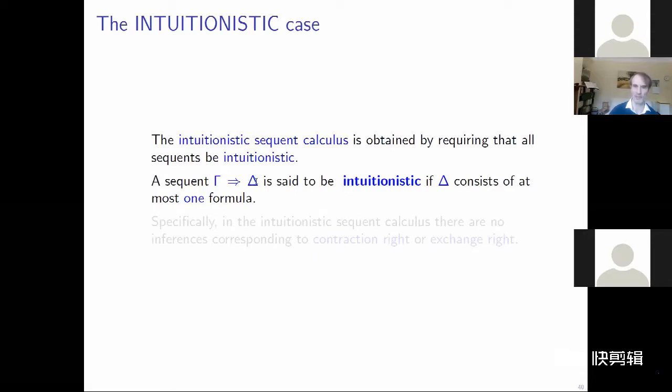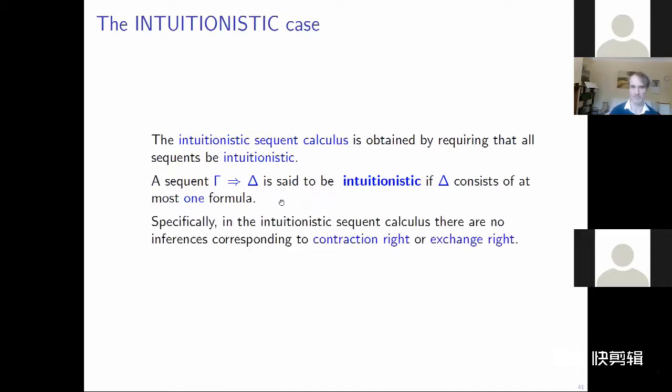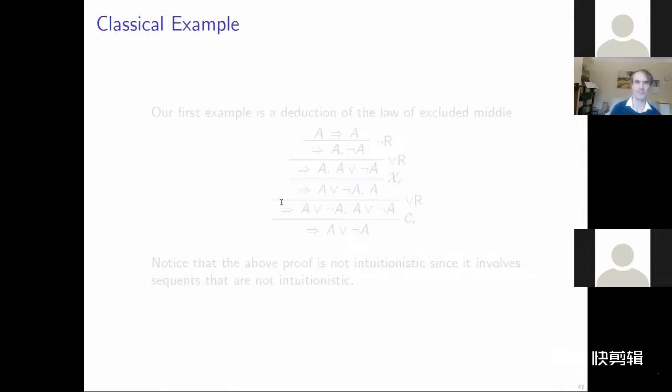So this can be one formula, or the empty sequent, no formula. Of course, if you require this, it will have some consequences. Some of the rules are no longer possible. For instance, contraction right disappears and exchange right disappears as well.